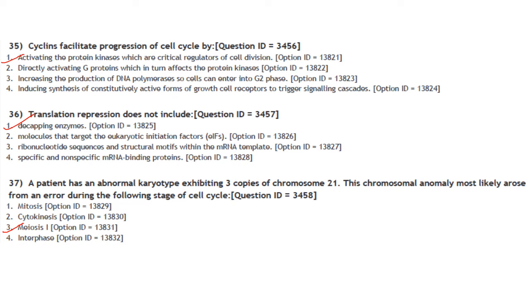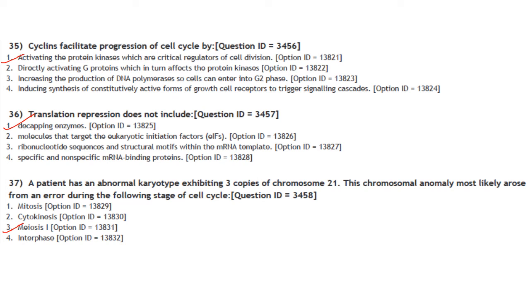Then a patient has an abnormal karyotype exhibiting 3 copies of chromosome 21. This chromosomal anomaly most likely arose from an error during the following stages of the cell cycle. So 3 copies of chromosome 21 is Down syndrome. It is trisomy of chromosome 21. Down syndrome is caused by the presence of an extra chromosome number 21.